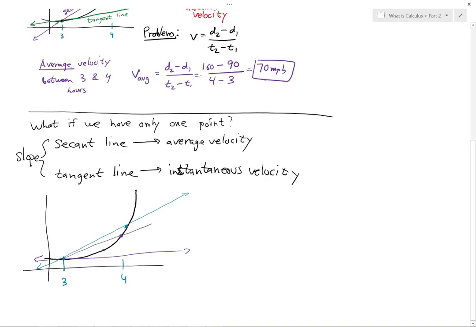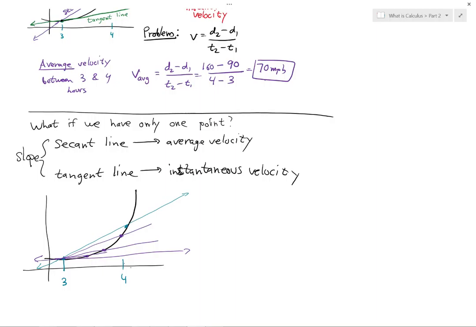And then move a little bit closer and take the slope again. And move a little bit closer and take the slope again. Eventually, these two points will be so close together that for all intents and purposes, they will be the same point.